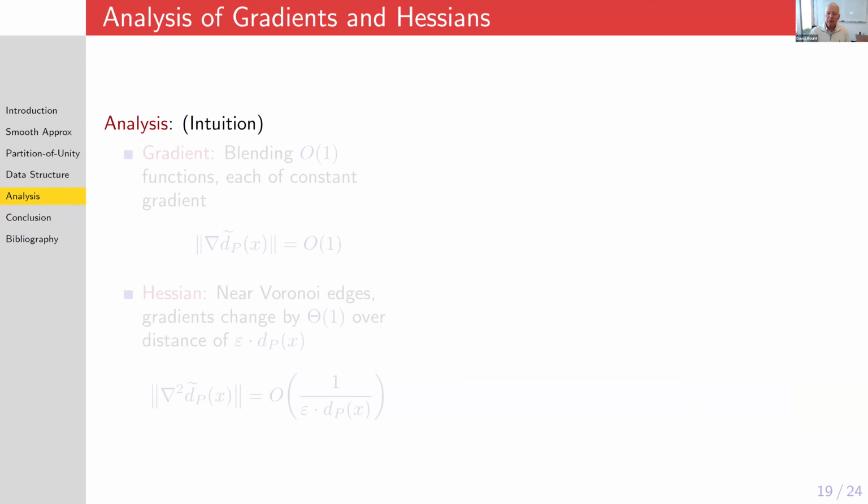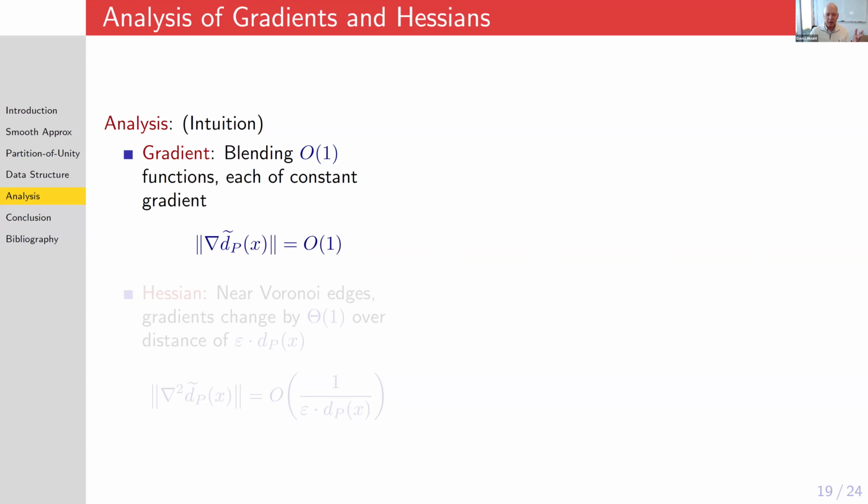The other thing that I mentioned before is I want to show that the gradients and the Hessians are bounded within constant factors. The claim is the gradient is going to be just a constant. And the reason is that the number of patches that overlap any given point is only going to be a constant. I didn't prove that, but let's say take my word for it. So you're blending a constant number of functions. Each of those functions has a gradient whose norm is a constant.